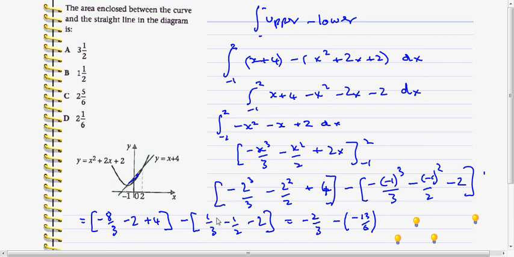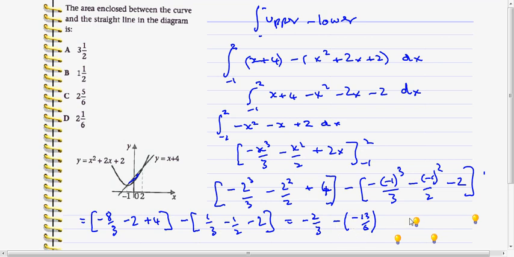And then this term here, probably the easiest is to turn it all to 6. 1/3 is 2/6, half is 3/6, and 2, if you turn it into 6, you get 12 over 6. So we've got the 1/3, which gave us, in terms of 6, 2 over 6. We've got 2 minus 3, and the minus 2 gives us 12. So you work that out and you get minus 13 over 6 for that term.